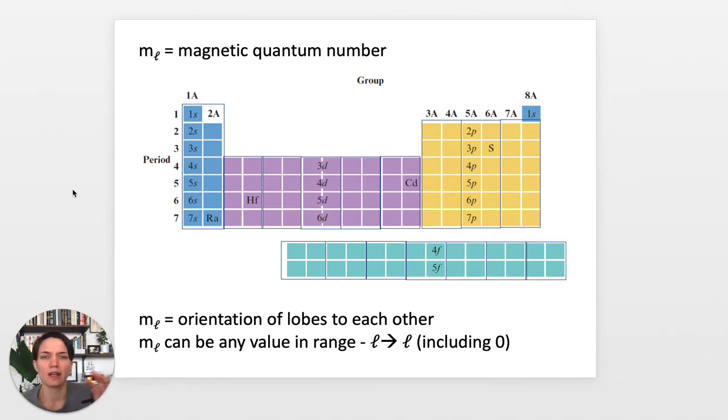Okay, so we had n is our row of the periodic table. L is talking about our individual shapes. Now we have ML. So ML is going to be talking about the lobes in relationship to each other. So the range for ML is going to be negative L to L, which is inclusive of 0.